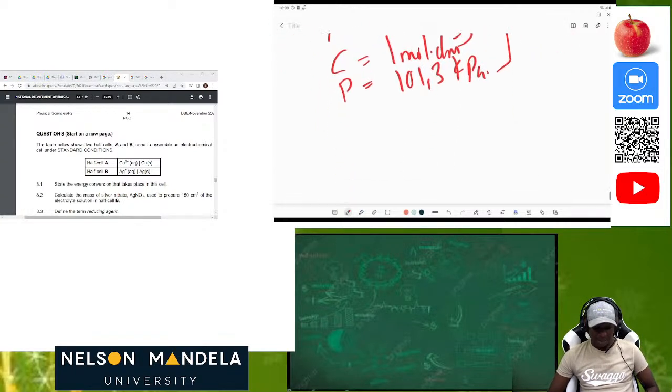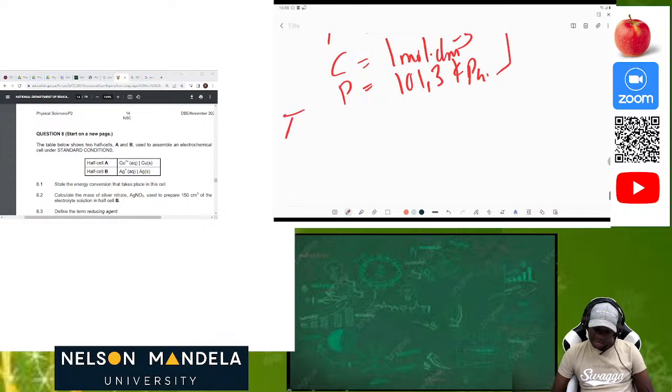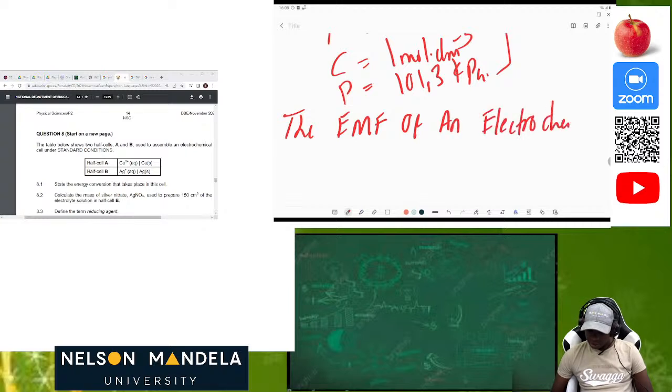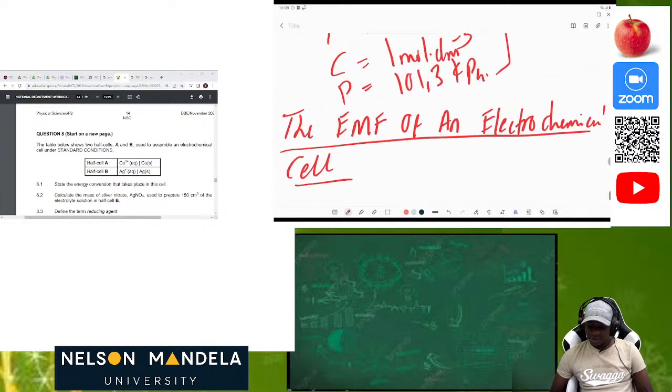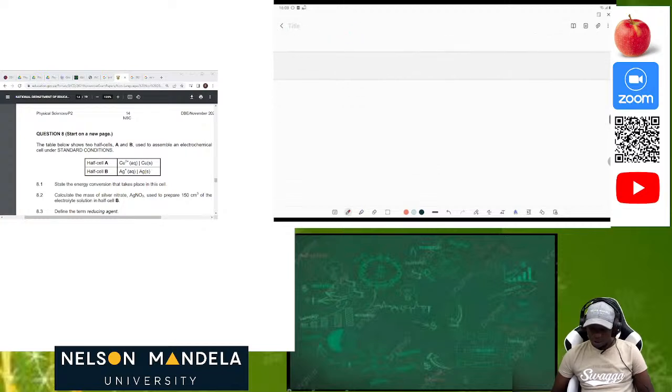We finalize this by calculating the EMF of an electrochemical cell. So how do you calculate that?